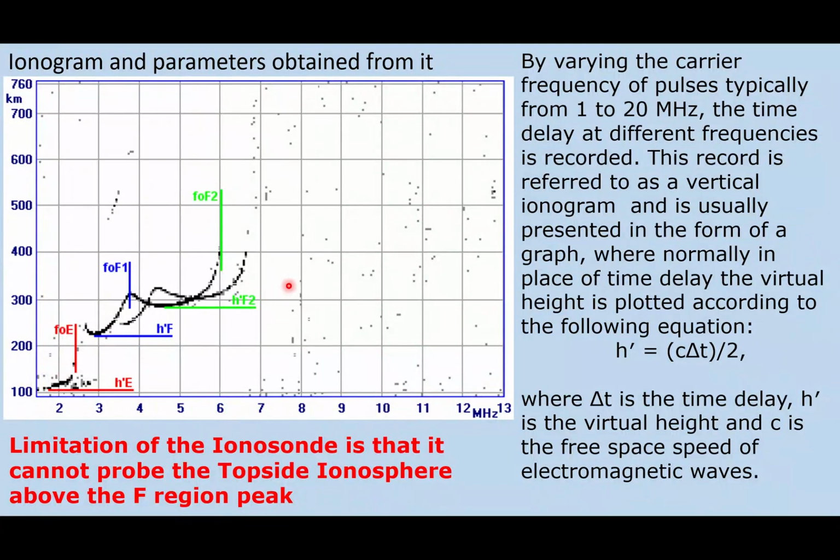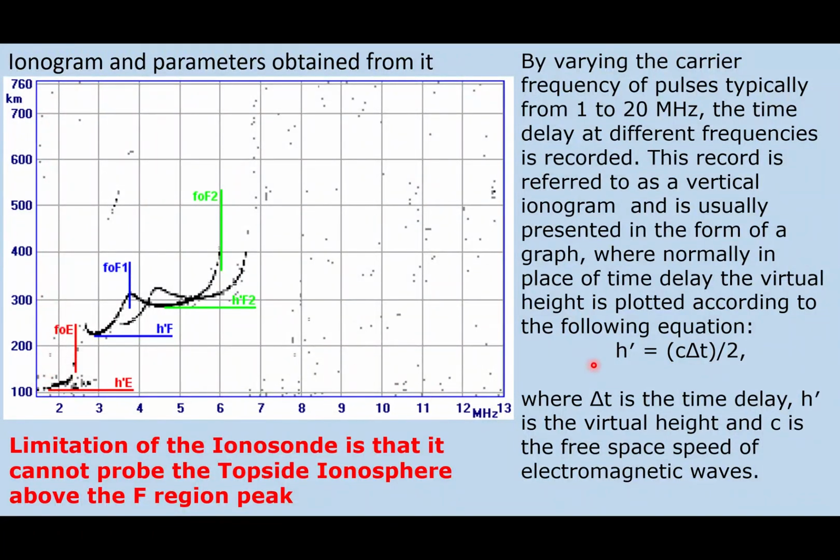This record is referred to as a vertical incidence ionogram, and is usually presented in the form of a graph as shown here, where in place of time delay, the y-axis is proportional to the time delay, as given by this equation.